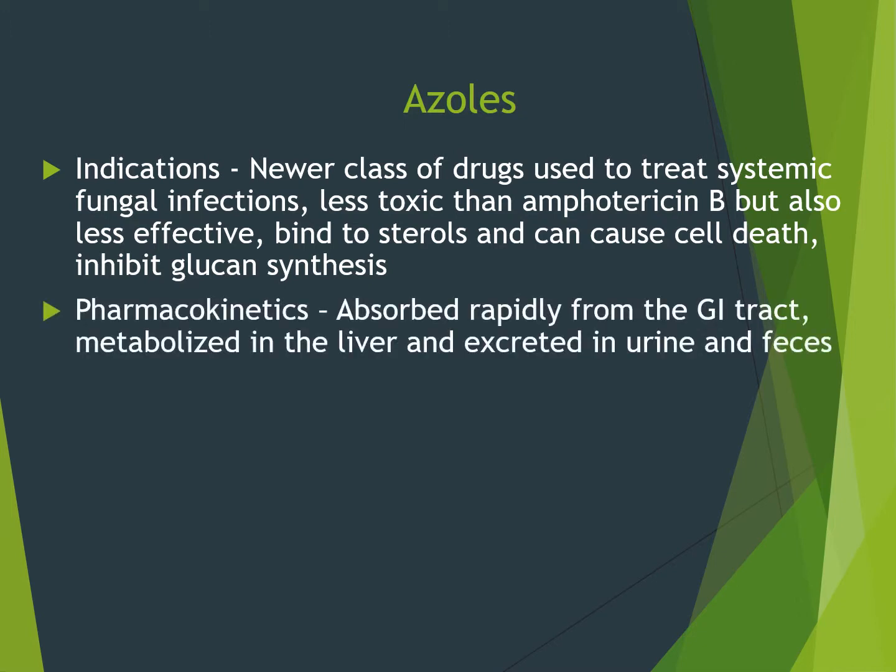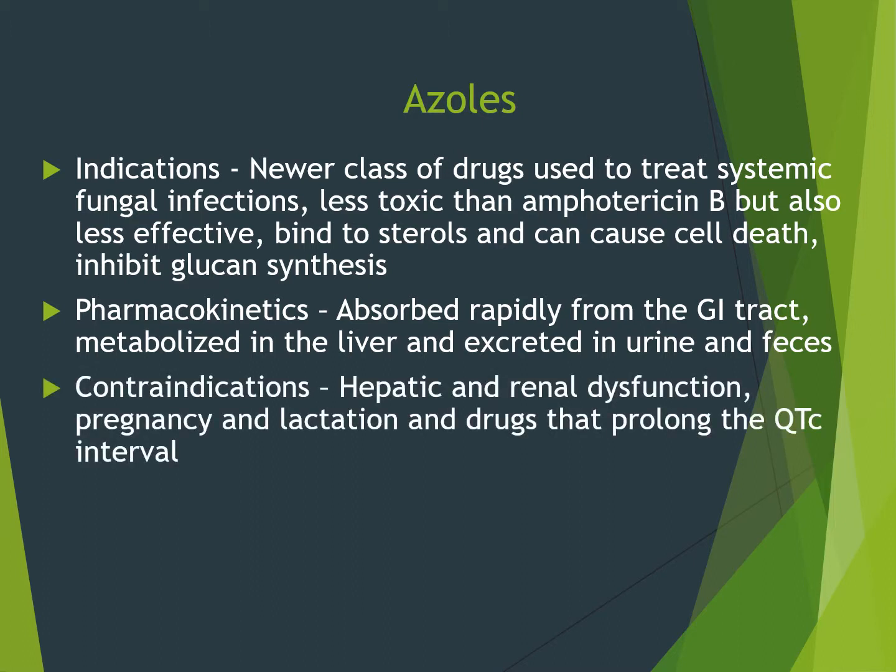Absorbed rapidly from the GI tract, metabolized in the liver, and excreted in urine and feces. They are contraindicated in hepatic and renal dysfunction, pregnancy, and lactation, and with any drugs that prolong the QT interval in your patient, and that would show up on an EKG.